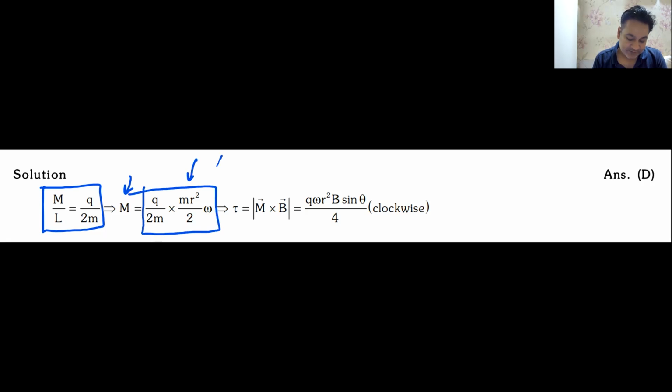You just multiply I with omega with Q by 2m. You get the magnetic moment. You just cross it with B and you get your answers. Are you getting my point, beta? Got it? It is quite simple that way. Yes or no? So that is how you apply what you have learned into questions when they come.